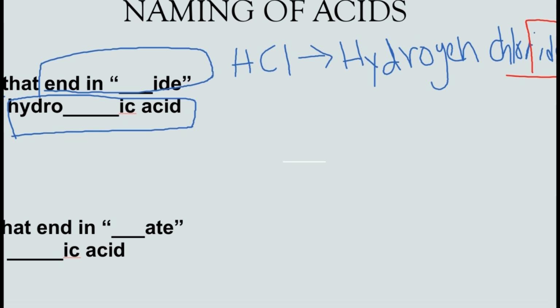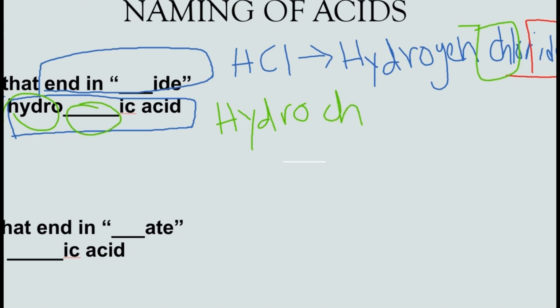But if we have to name it as an acid, then we have to follow the mentioned rule. That means we will write hydro, in the dash we will write chlor, replace IDE with IC and add acid to it. So we get hydrochloric acid.